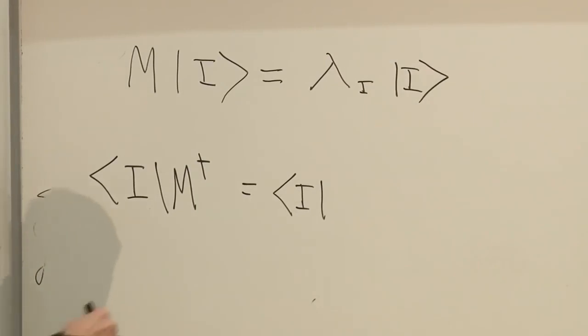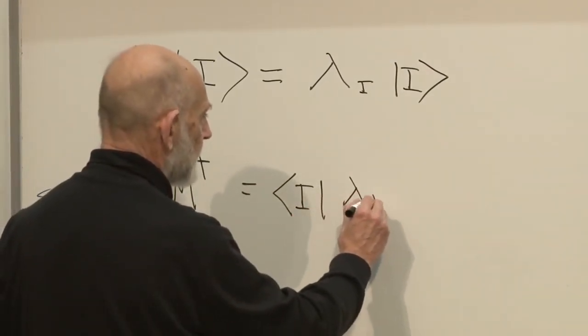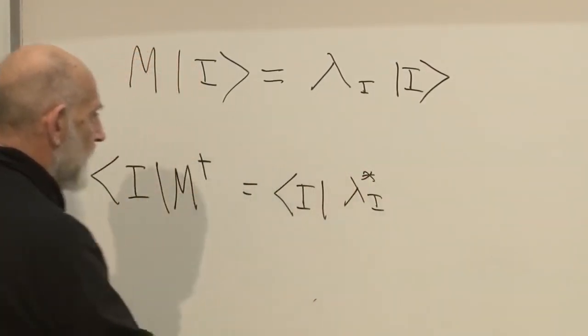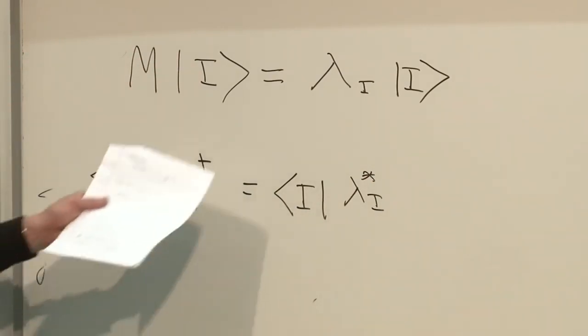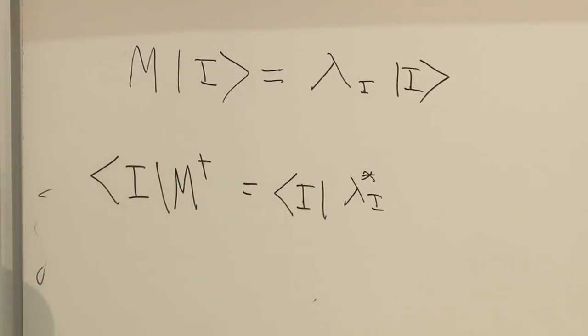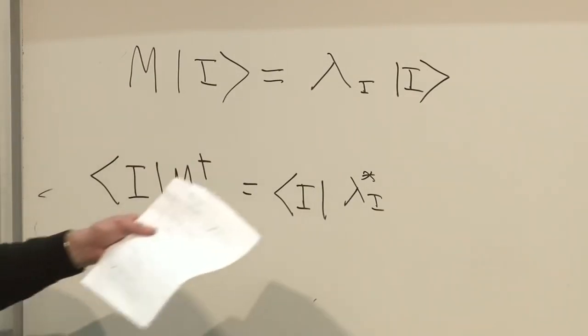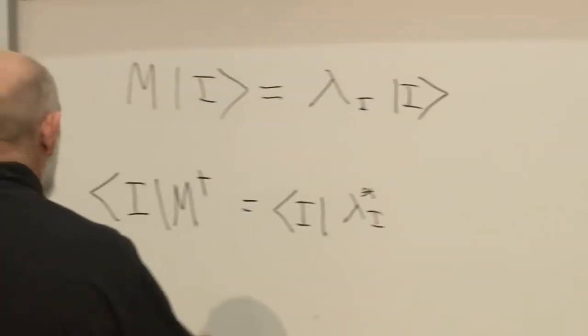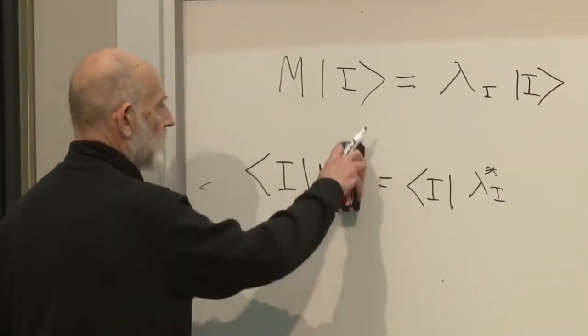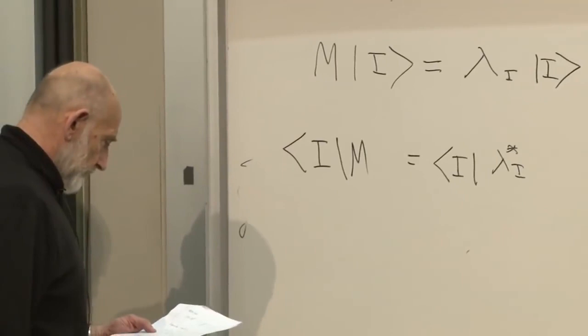Complex conjugate. Lambda I. So far, we haven't proved that it's real. Every time you flip from bras to kets, you have to complex conjugate all the numbers that are there. All right, but now, assumption, M is Hermitian, so it's equal to its own Hermitian conjugate. And now we have this equation.